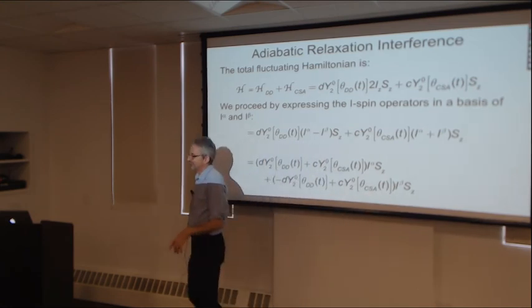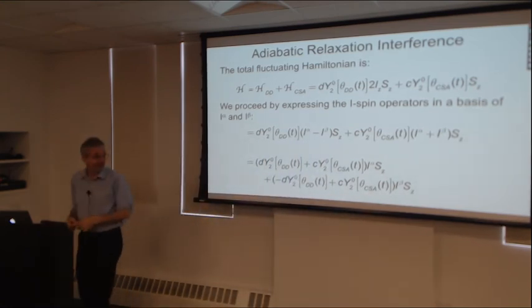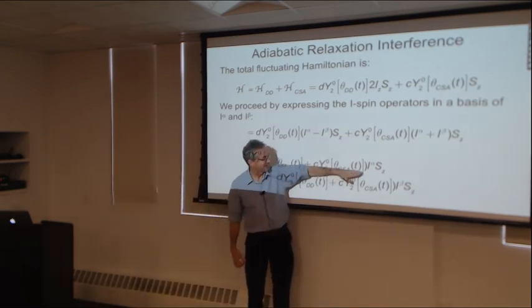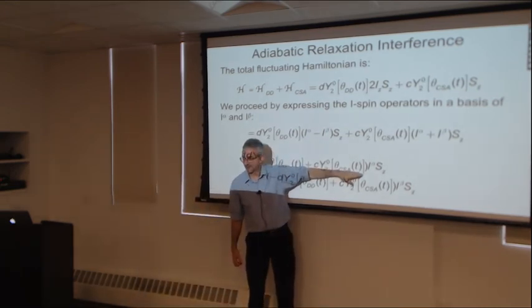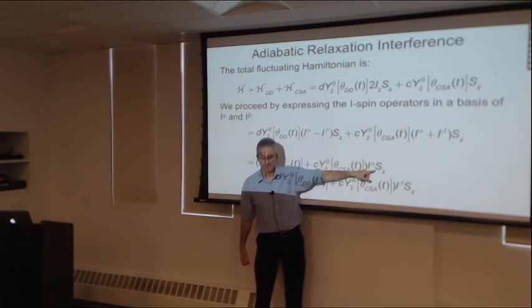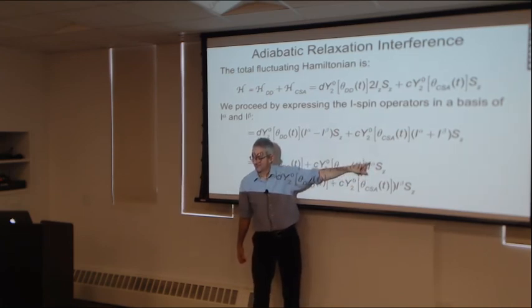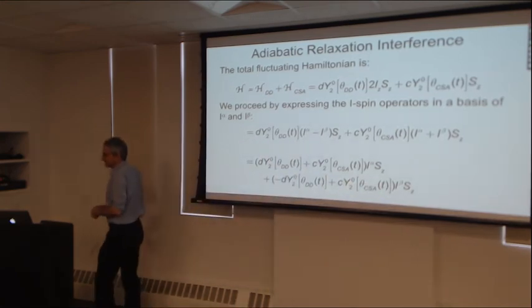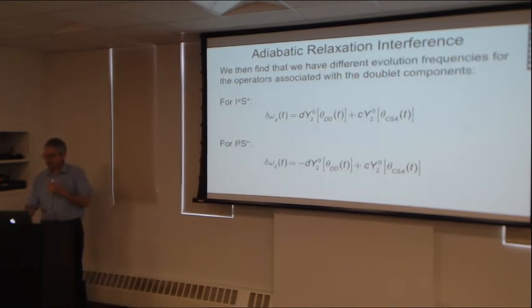After I puzzle around for a while, I decide for myself that this is the fluctuation sensed by the doublet component with the hydrogen in the alpha state, and this is the fluctuation experienced by the doublet component where the hydrogen is in the beta state, so that I can calculate two separate rate constants.